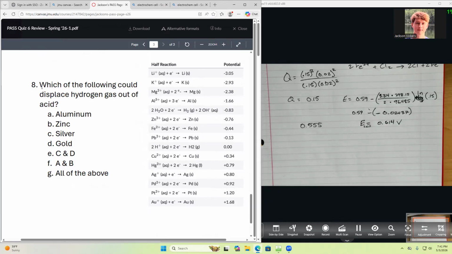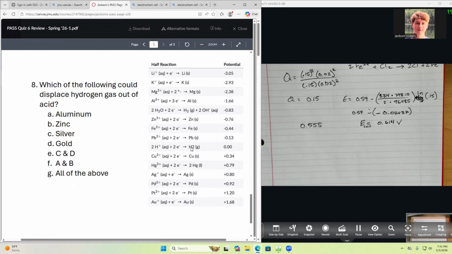Displacing hydrogen gas out of acid is the one where we're producing H2, hydrogen gas, out of H plus ions. Remember, hydronium ions or protons are acid. So this was a weird way of asking which of the following would let this stay written as it is, meaning this would be reduced and the other thing would get oxidized.